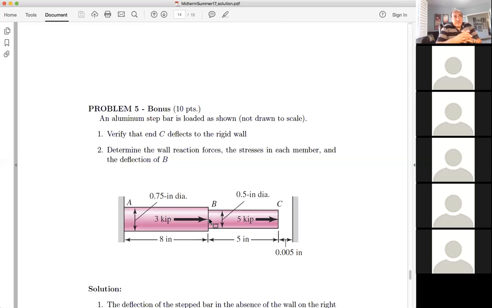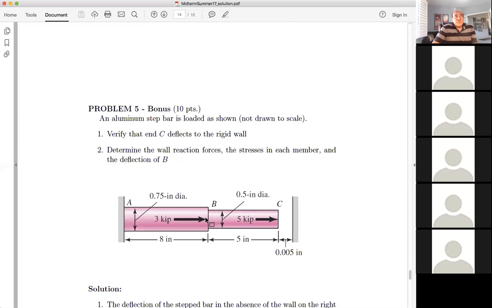If I think about it, I have to think like I'm an element inside here. If I'm an element at the shaft BC, I'm going to see a force to the right of 5 before it hits the wall. Then the element has to be balanced, which means that the force to the left is also going to be 5, which means that from B to C, the force I'd see if I inserted my hand inside for some reason is 5 kip.